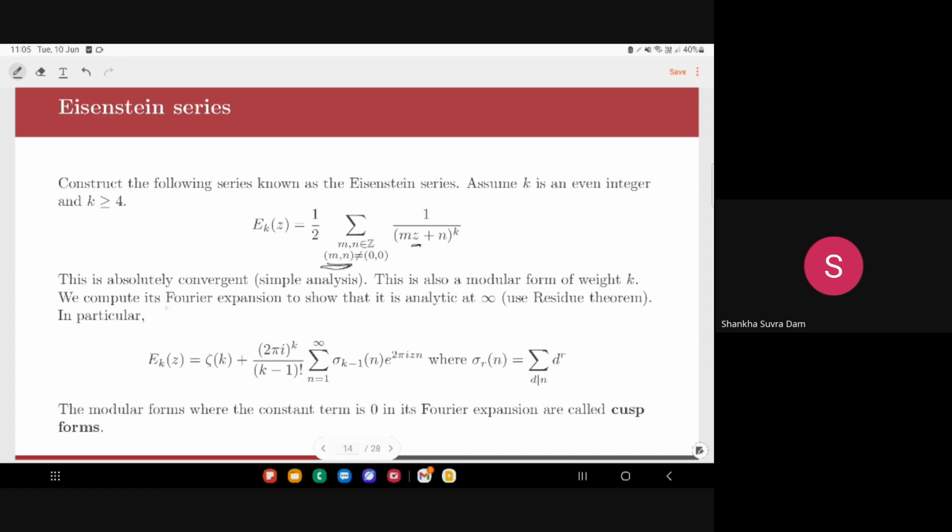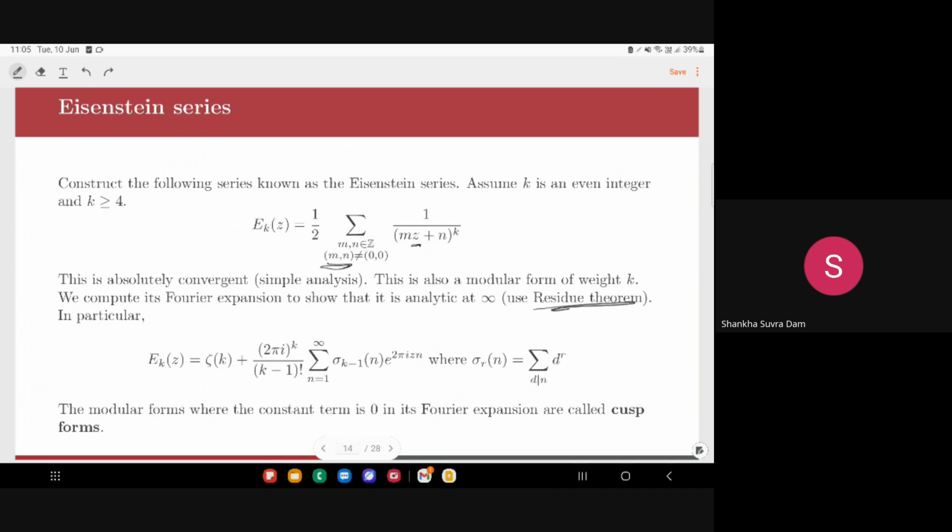We compute its Fourier expansion to show that it's analytic at infinity. For this, we use the residue theorem. You can see some terms over here that will remind you of Cauchy's theorem. And that is also quite easy to see if you know complex analysis.